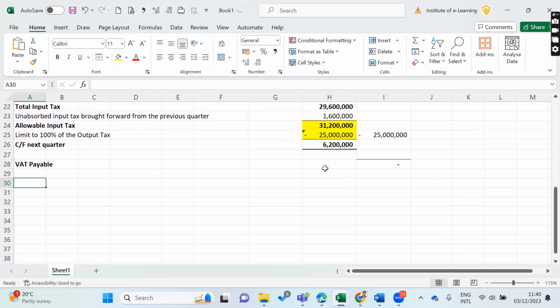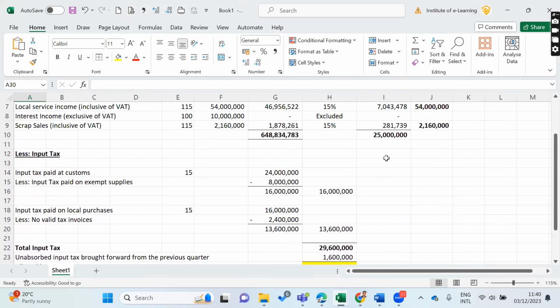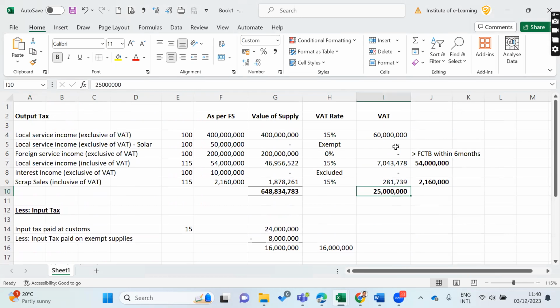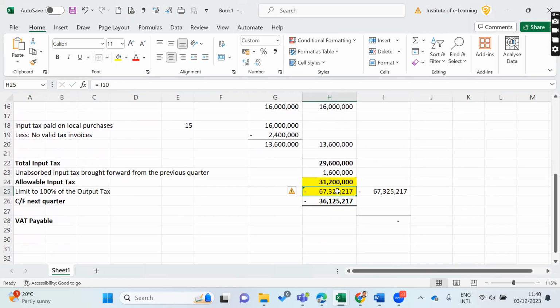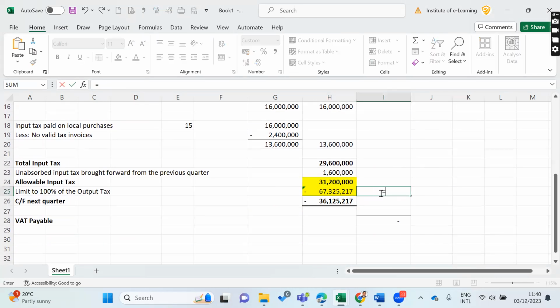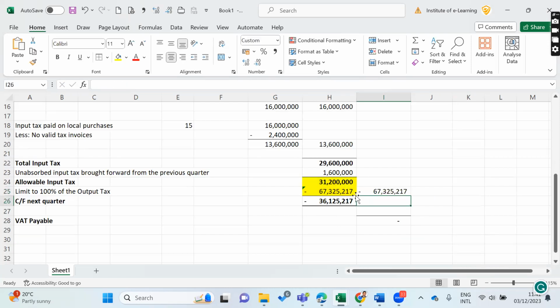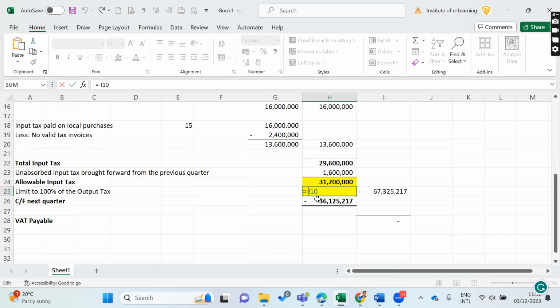Now we'll go to the actual scenario. Here we have output 67. Then we have to take the lower of these, the minimum amount, which is deductible. Remove the minus here.